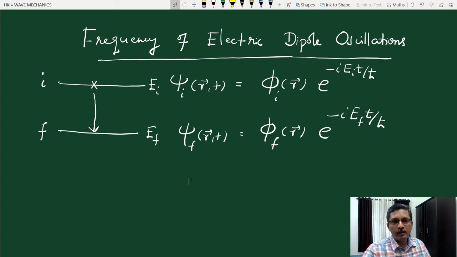Then how do we write the wave function for this transitional state?